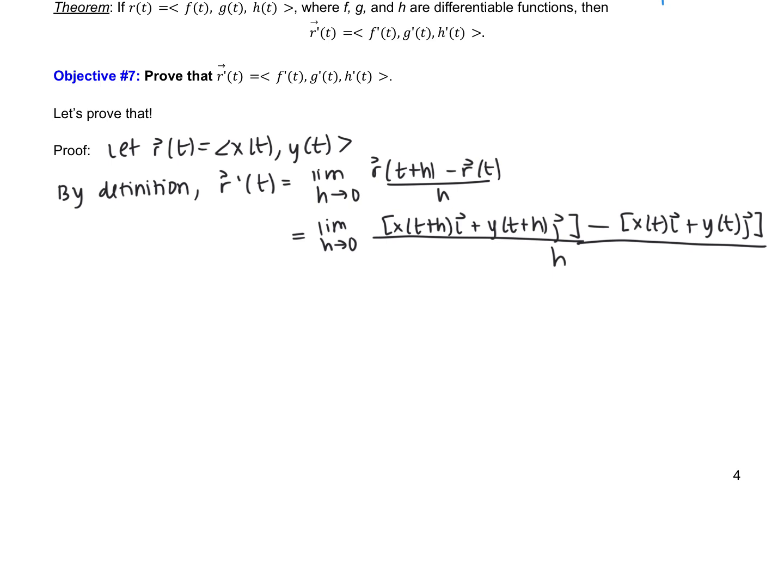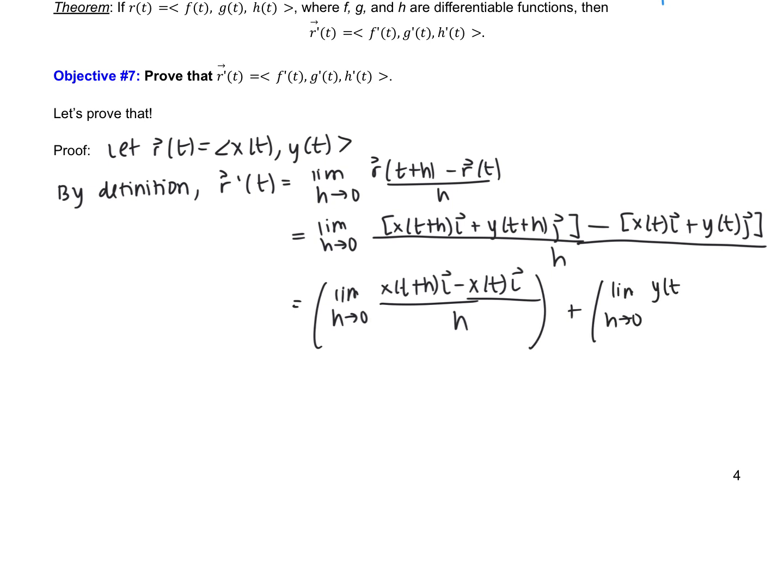So I have my x component together, and then my y component together. So this is going to be equal to the limit as h approaches 0 of x of t plus h i, subtract x of t i, over h, plus the limit as h approaches 0 of y of t plus h j, subtract y of t j, over h.